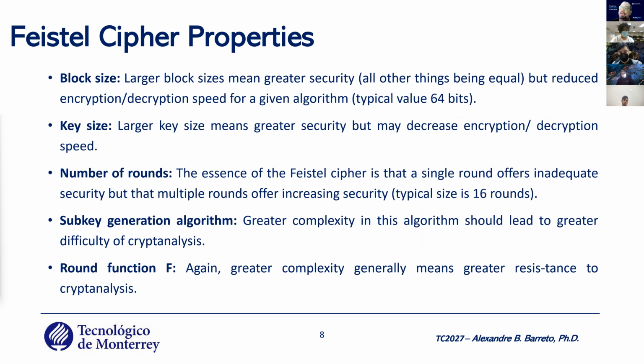Main ideas about Feistel. First, the block size. Crypto designers use the Feistel to generate the algorithms, okay, AES, 3DES, Blowfish, and others, and need to consider this idea. Large block size means greater security. The bigger the block, the more security you have.